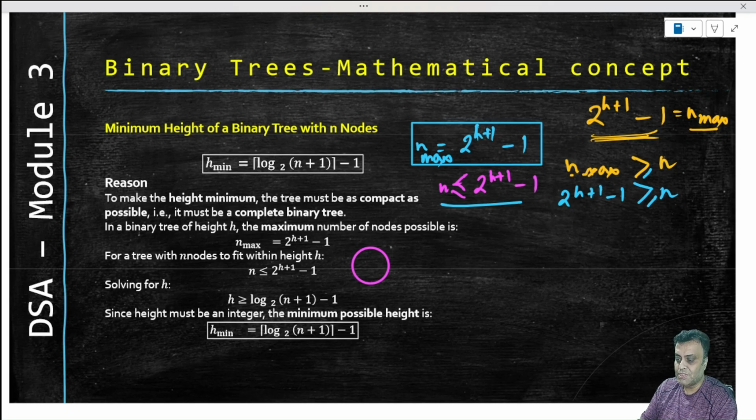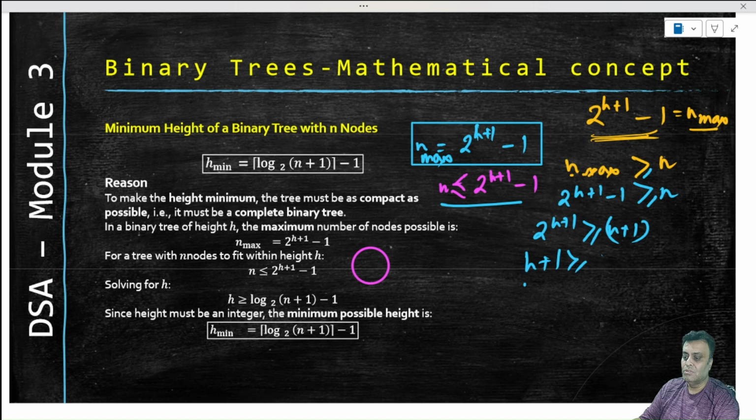So which means if we just shift the places, then 2 to the power h plus 1 has to be greater than or equal to n plus 1. If we take log on both sides, log base 2, right? So we can just directly say h plus 1 is greater than or equal to log base 2 of n plus 1.